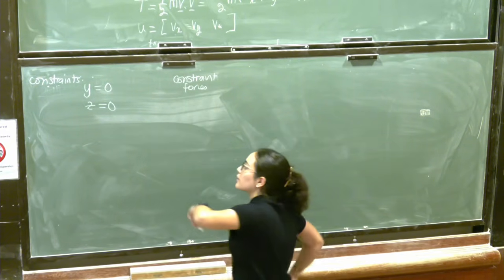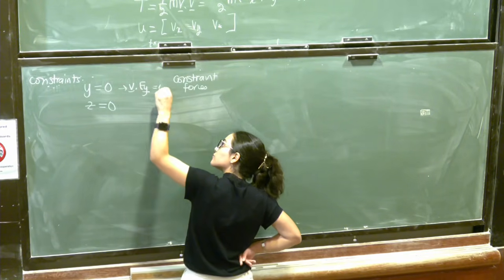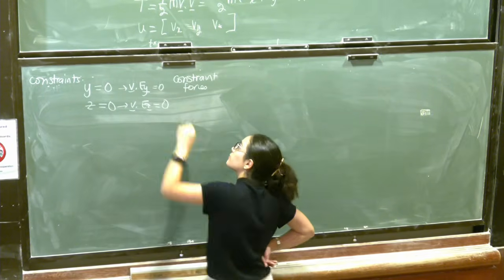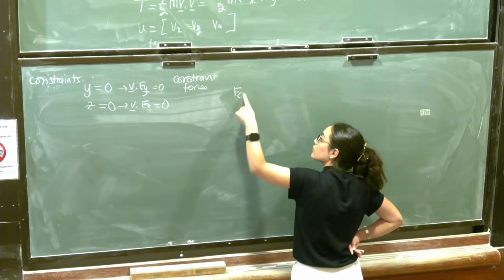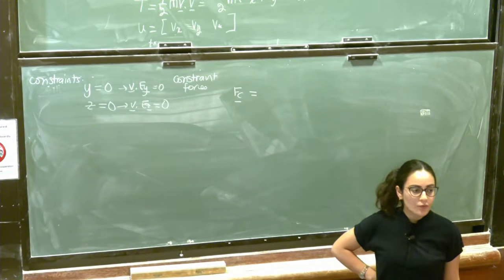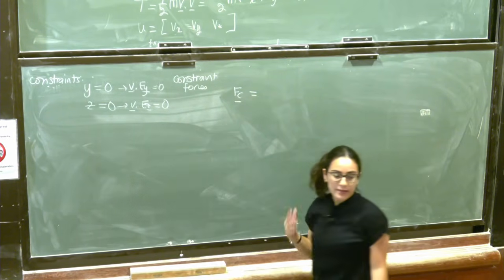This I can write as v dot ey equals 0, and this as v dot ez equals 0. So what is the constraint force due to this constraint acting on the particle?